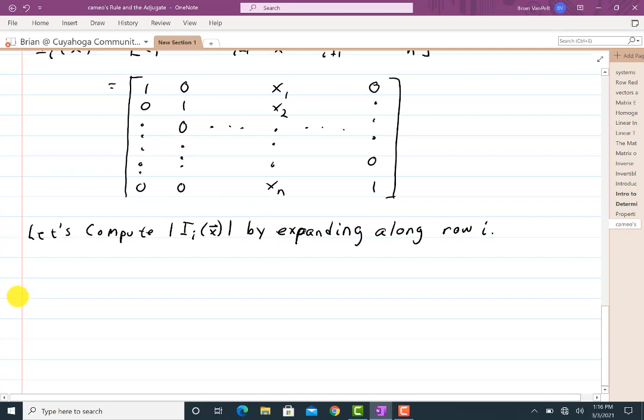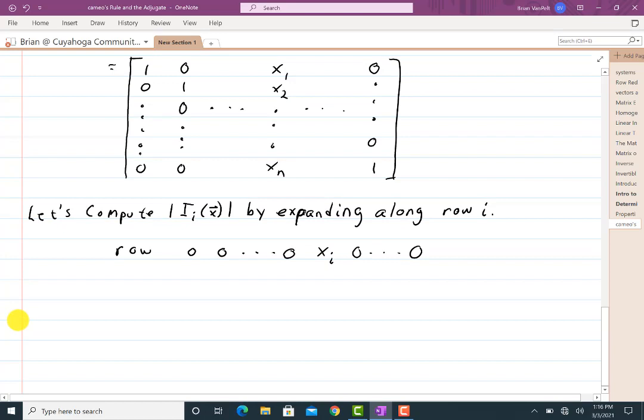So what does row i look like? Row i starts with a 0, then a 0, dot, dot, dot, then we have a 0. And then in row i, we have x_i. That's the only possibly non-zero item in there. That x happens to be in position ii.